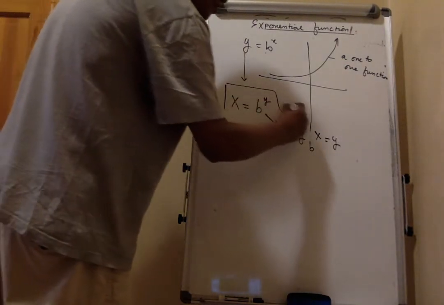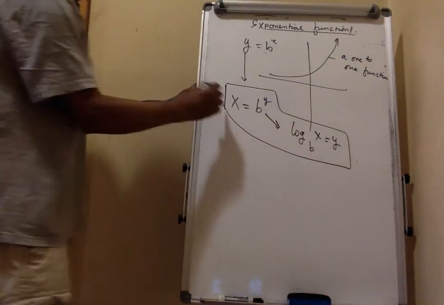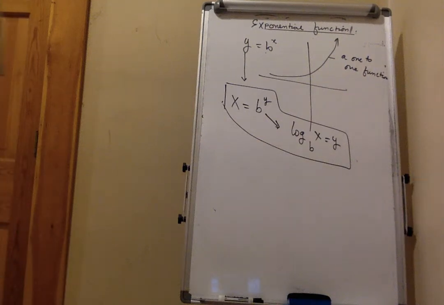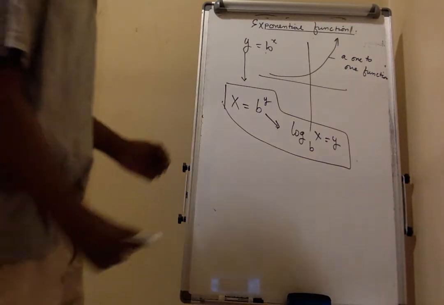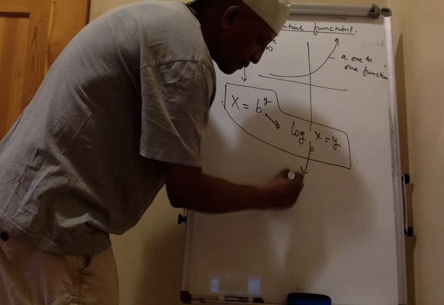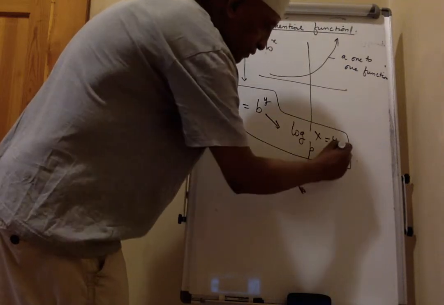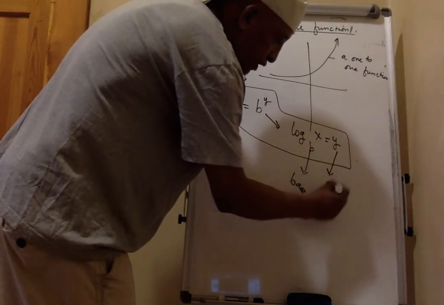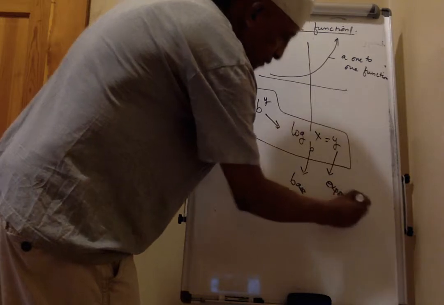These are two equivalent expressions of the inverse function of the exponential function. So the inverse function of the exponential function is the logarithm. This is your base in the logarithm, and this is your exponent.